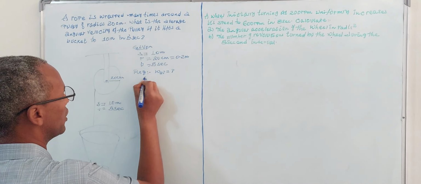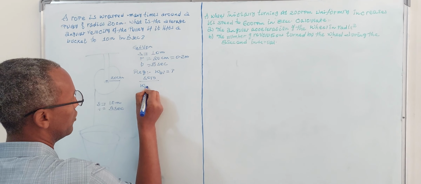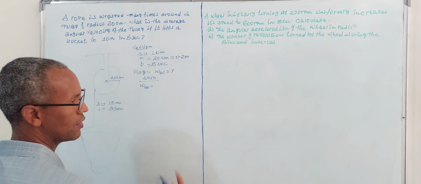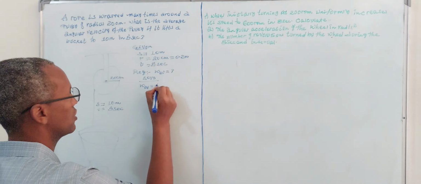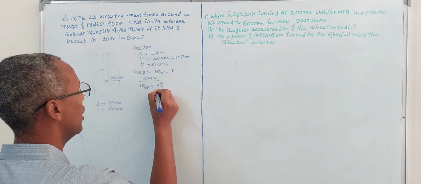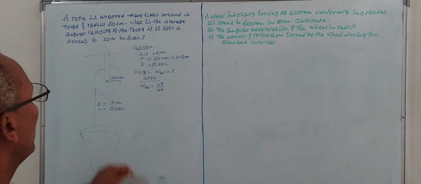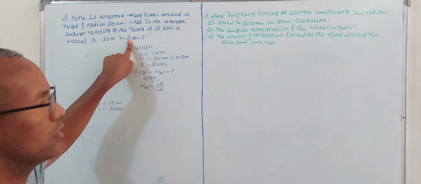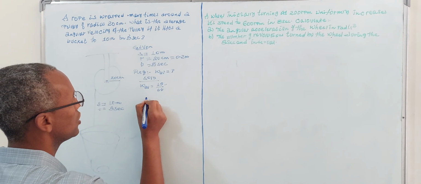Solution: average angular velocity is equal to angular displacement upon change in t. We have only the time, the change in t, and we don't have the angular displacement at the moment.